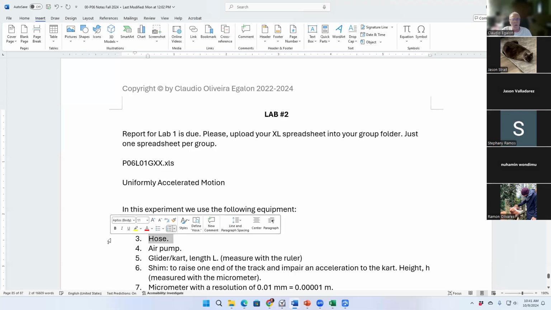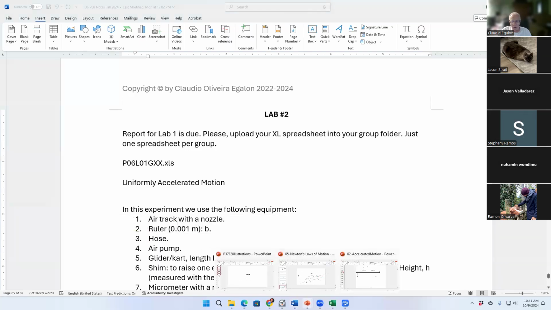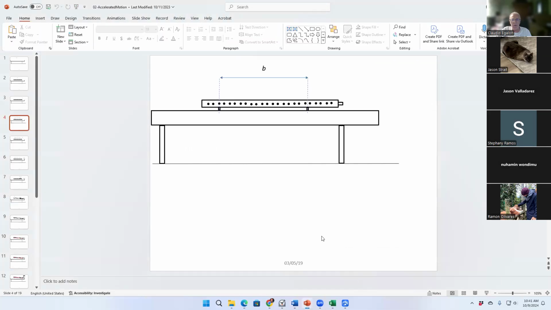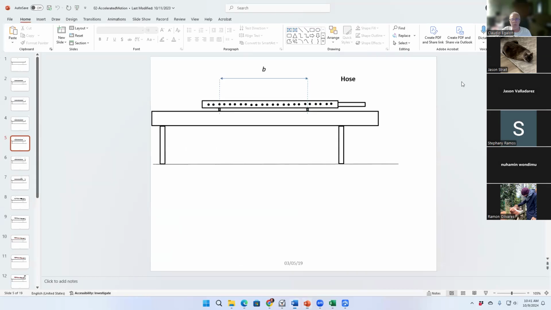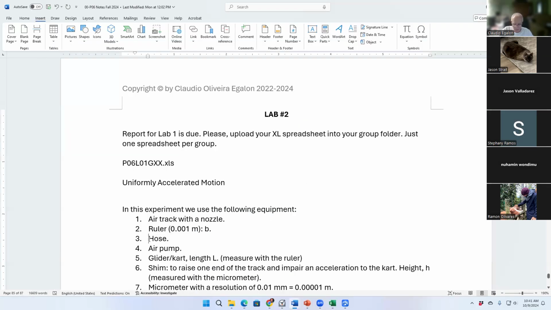And then we also have a hose. I provide a hose to my students. Here's the hose that is coupled into the nozzle of the air track.